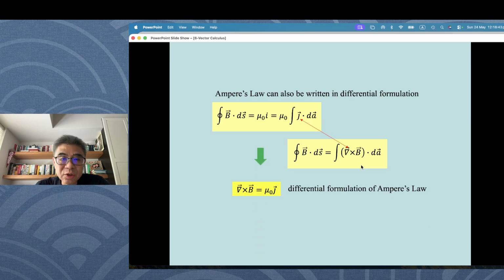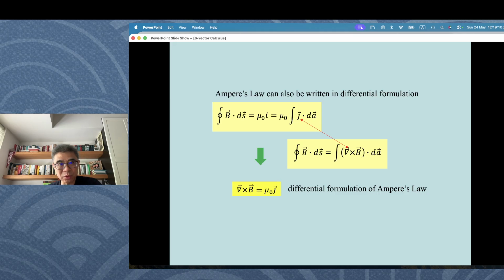Combining the two, J must be equal to the curl of B. Therefore, I arrive at the differential formulation of Ampere's law: the curl B is equal to mu 0 J. So now I have derived the differential formulation of Ampere's law from the integral formulation.